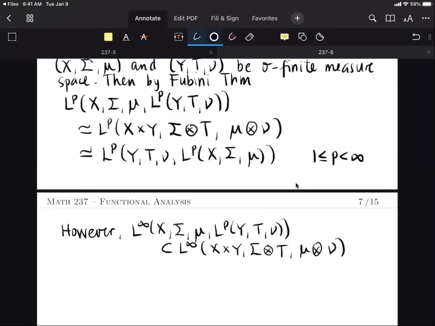And there are examples wherein we don't have equality in general. There are cases wherein these two are equal, but if, let's say, X is the Euclidean space, then this is not valid.